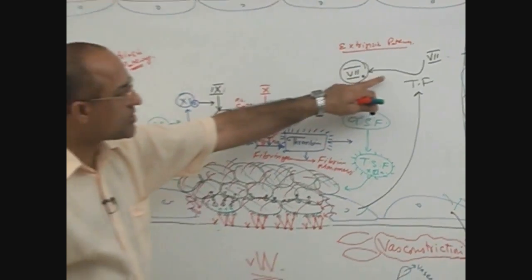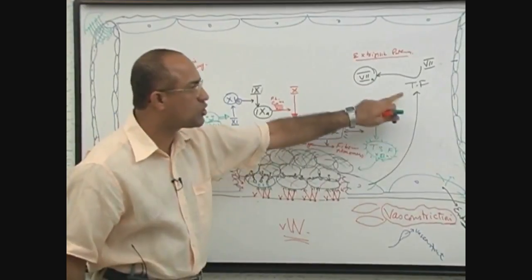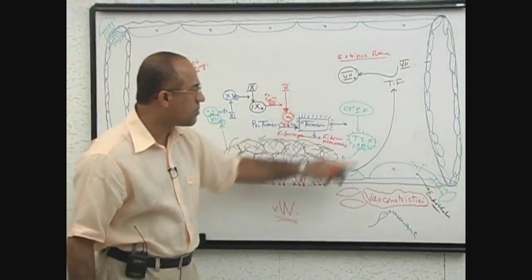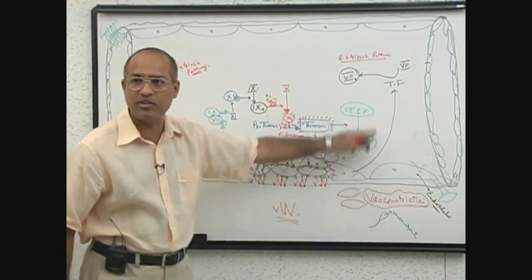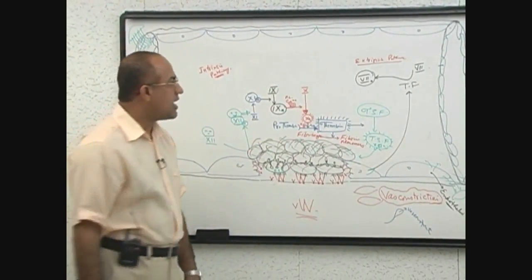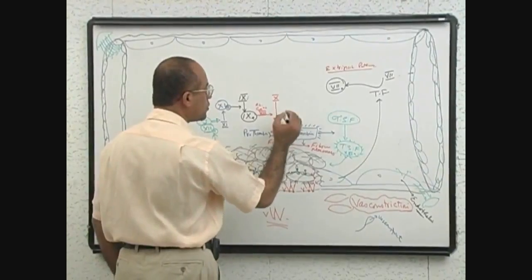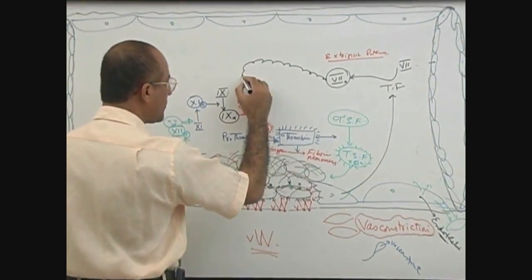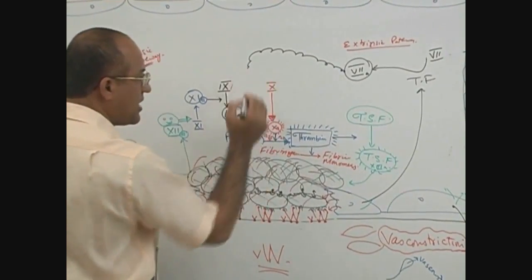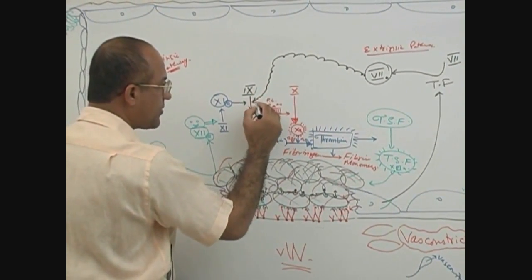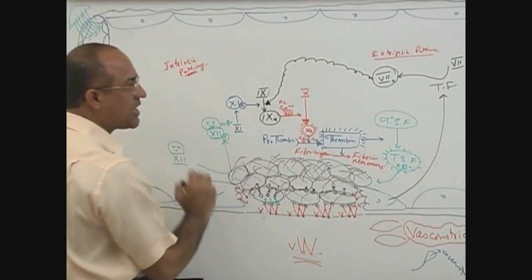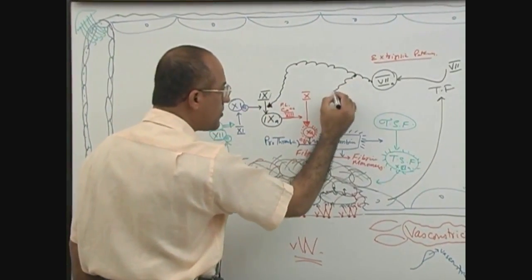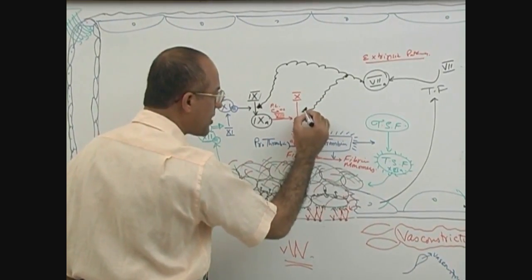So factor number 7 can be activated in the presence of tissue factor, which may come from platelets, injured endothelial cells or other injured tissue. Activated factor 7 can do two functions: it can activate factor number 9, and it can also activate factor number 10.